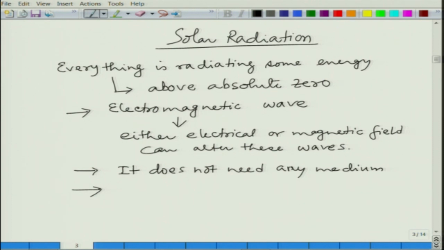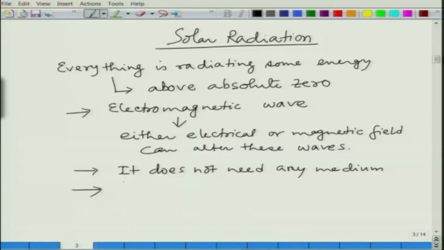And how is this solar radiation happening? Actually, we can call these waves. So, we know of this wave particle duality, right, that is also I am assuming you heard of.